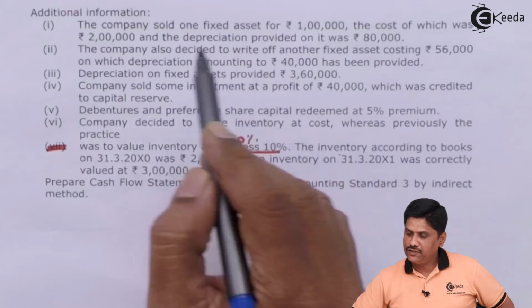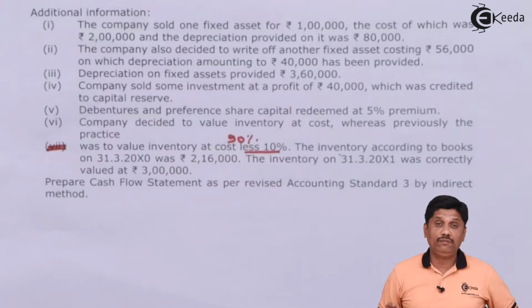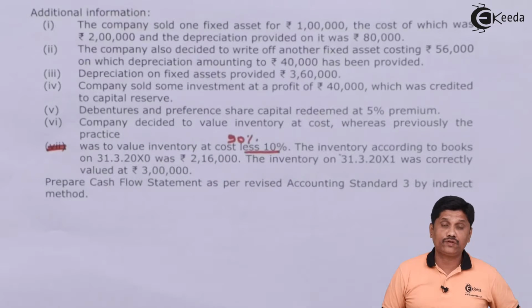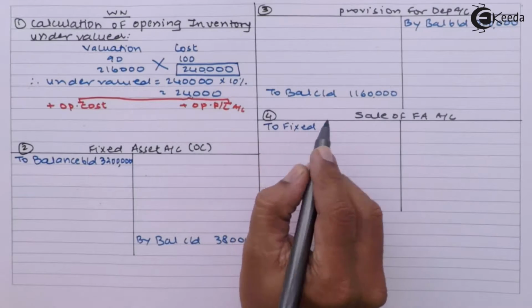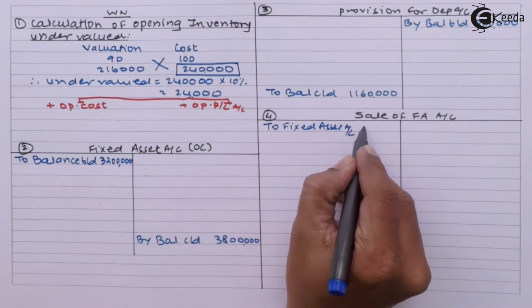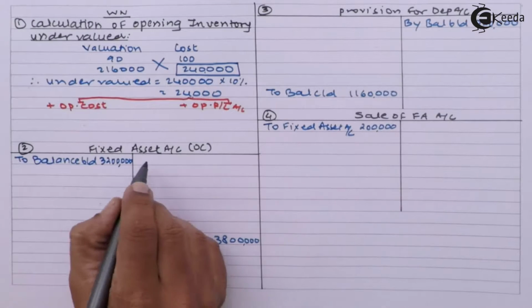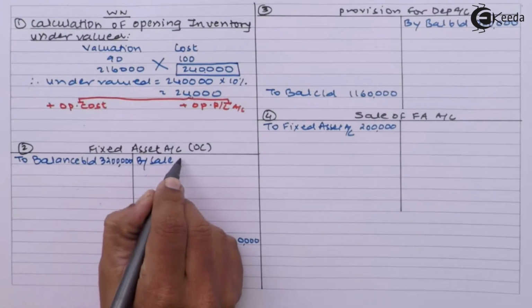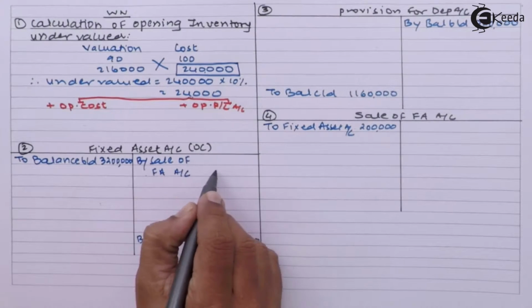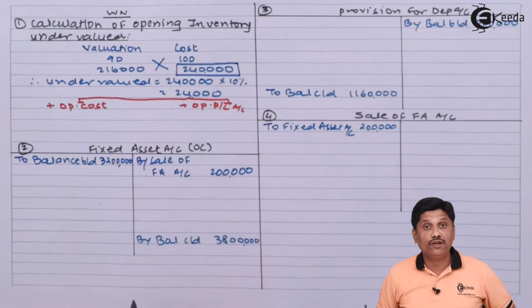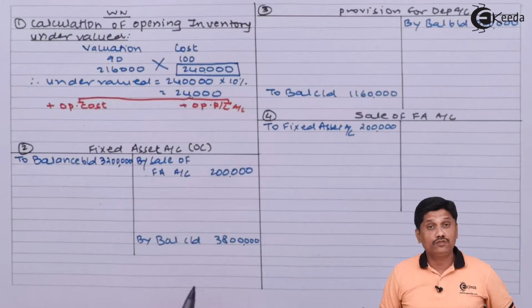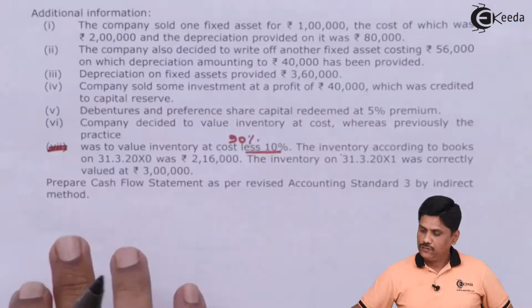The cost of asset sold was rupees 2 lakhs. So my entry will be sale of asset account debit to fixed asset account. So I have transferred original cost to the sale of fixed asset account. Now I will also transfer depreciation on that.